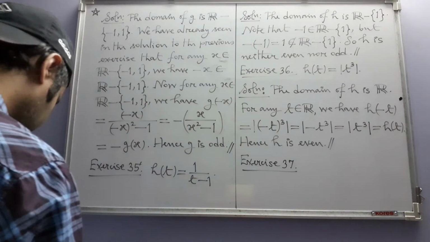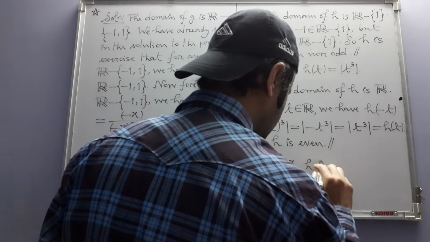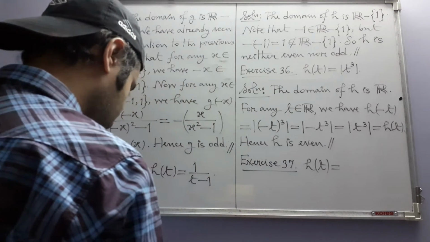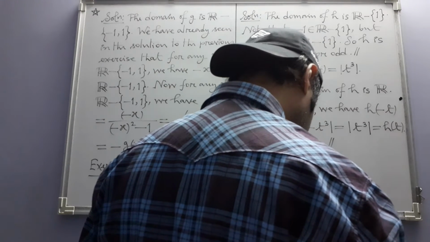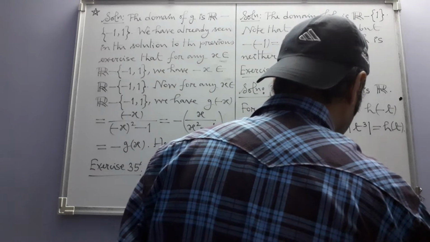Two more are there in this type of exercises. The next one is h of t equal to 2t plus 1.